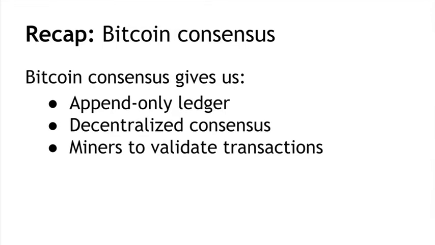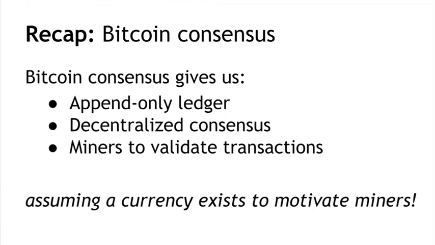And the miners who perform that protocol are validating transactions, so making sure that transactions are well formed, that there aren't double spends, and that this thing can function as a currency. Although it's kind of funny because we assumed that a currency existed to motivate these miners. So in this lecture we'll be looking at the details of how we actually build that currency to make the miners make this whole process happen.